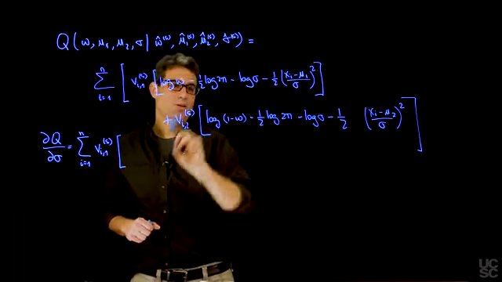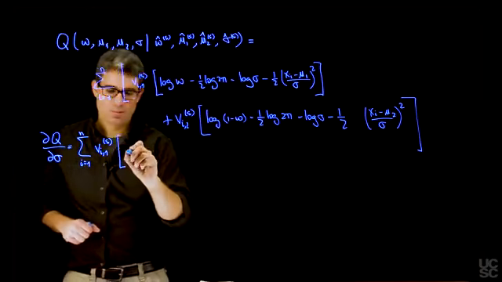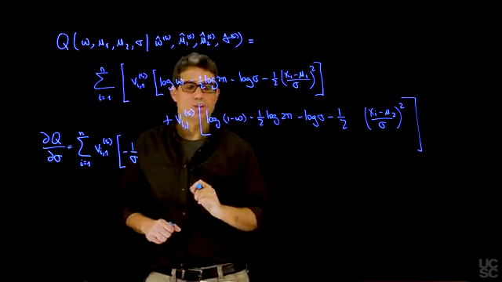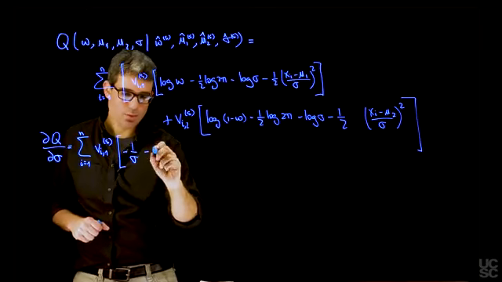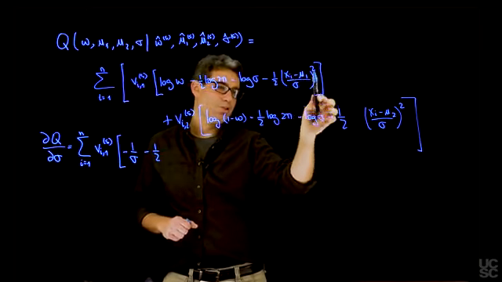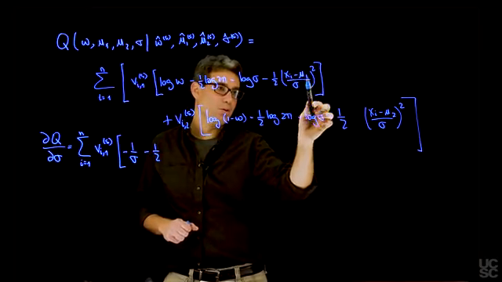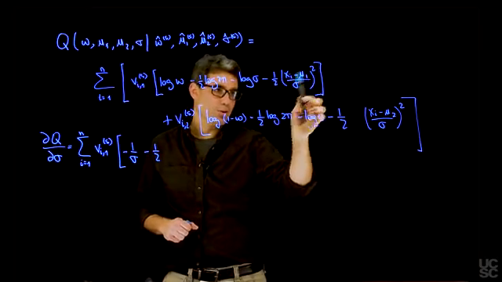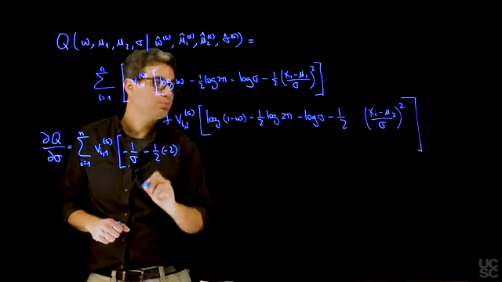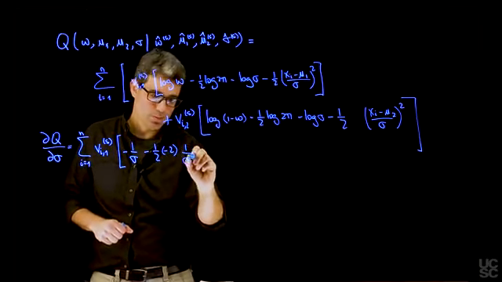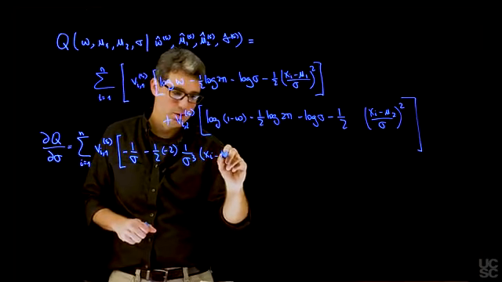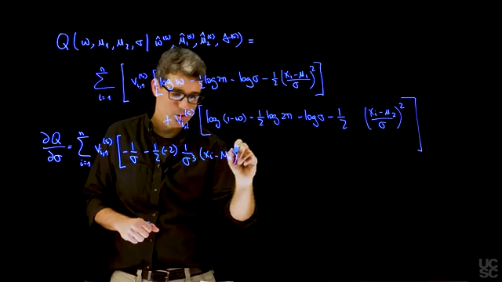Now, this term and this term do not depend on sigma. So we have minus 1 over sigma as the derivative of this piece. And then we have minus 1/2. Now, in this expression, sigma appears in the denominator, and it's a square, so we can think about it as sigma to the minus 2. That brings down a minus 2, 1 over sigma to the cube, and leaves us with xi minus mu1 squared.